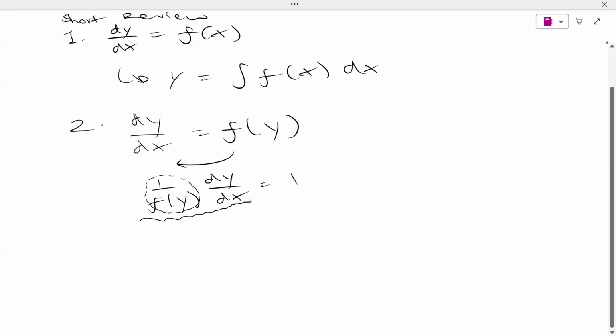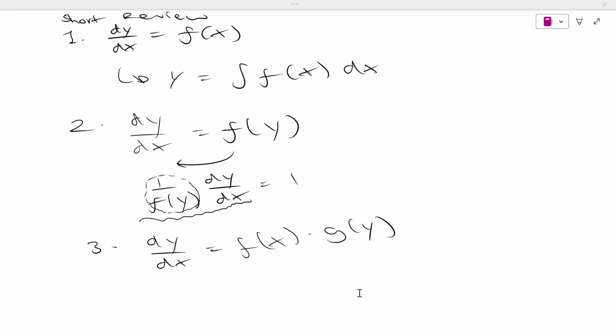Now, the question is, what if we have a function of x multiplied by a function of y? Let's see an example, shall we? So let's say we have dy over dx equals x times y.